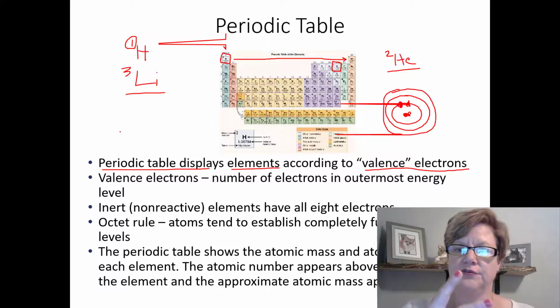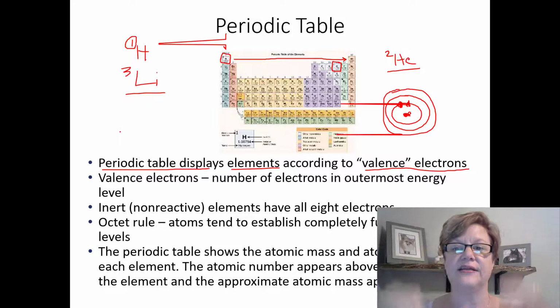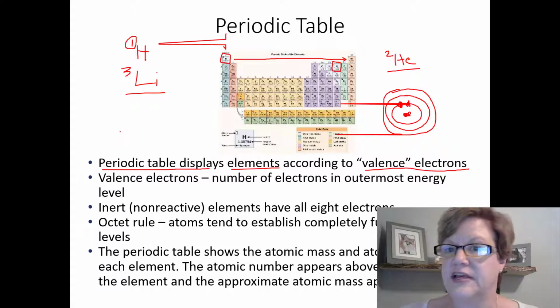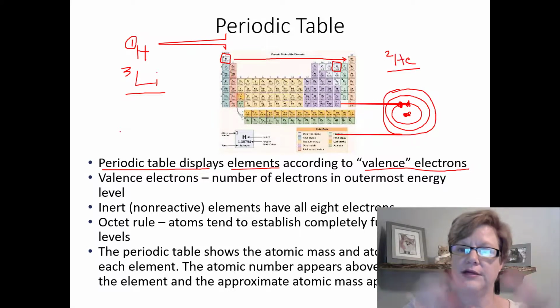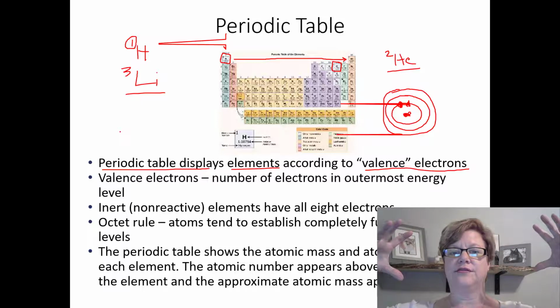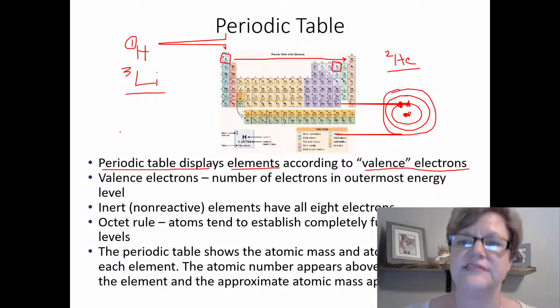If you have the first level and the second level, then you need to have 2 in the first level and 8 in the second level to be full. And either of those examples, those atoms would be stable. If you have 3 energy levels, like the picture I drew here, you would have to have 2 in the first level, 8 in the second level, and 8 in the third. And that atom would be stable.